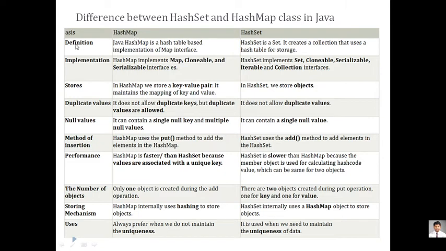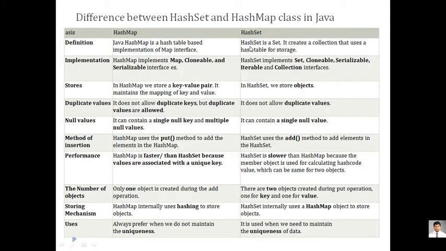So what exactly is the hash map? As far as the definition is concerned, a hash map is a hash table based implementation of the map interface. It is just like hash addition of elements, storing an element in the format of a hash table, but it implements a mechanism called the map interface.